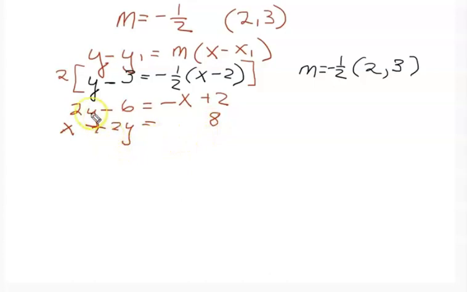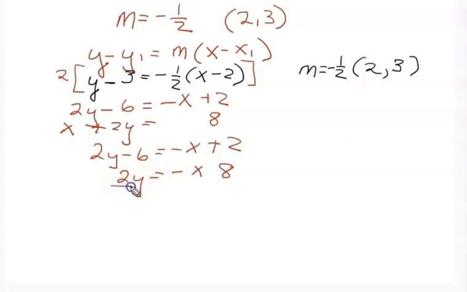Now, if we wanted to convert this one, let me write it again. 2y minus 6 equals a negative x plus 2 to slope-intercept form. Again, we're going to get the 2y, transpose our negative 6 to this side where it becomes a positive 6, so this is an 8. This is still a negative x.